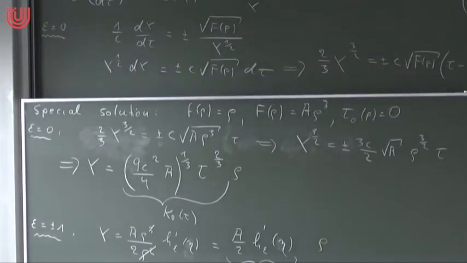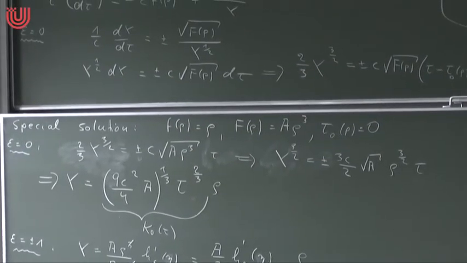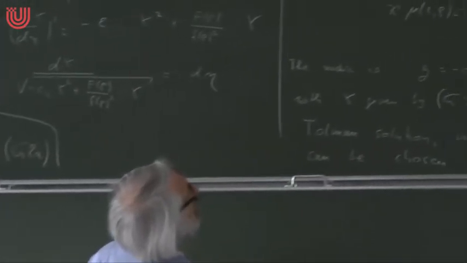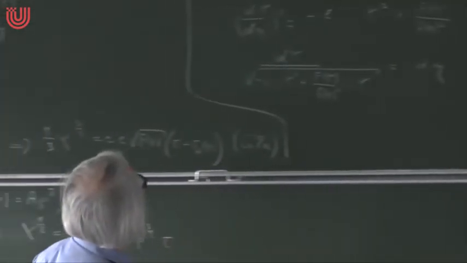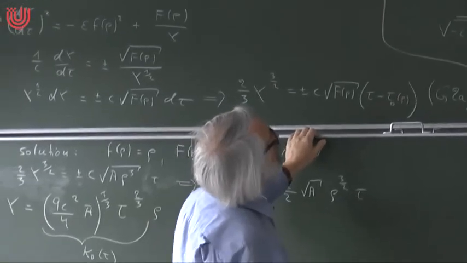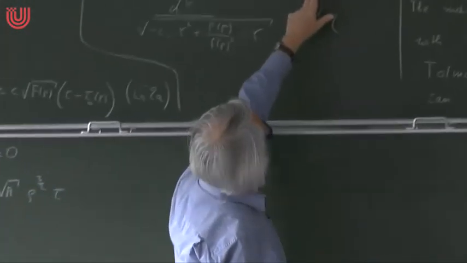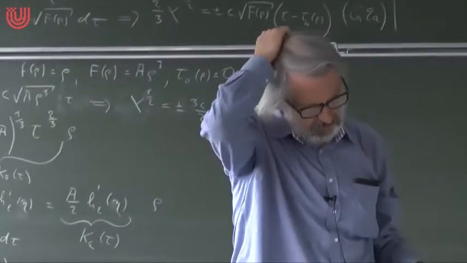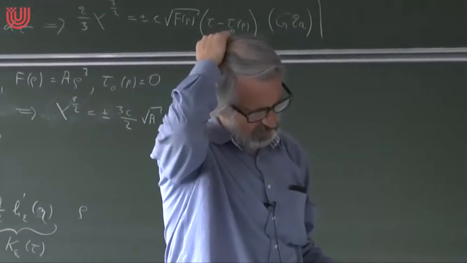Actually, I was hoping that the rho cancels. F of rho. But this was a square here. I have a rho cubed here in my notes. What did I do?